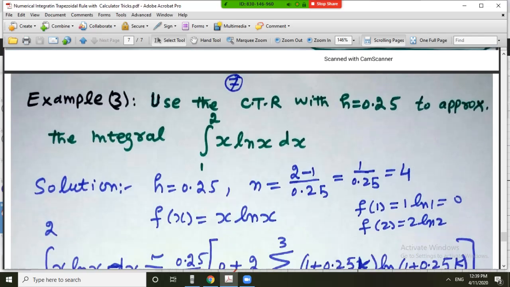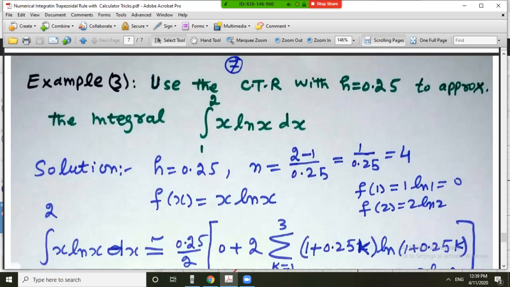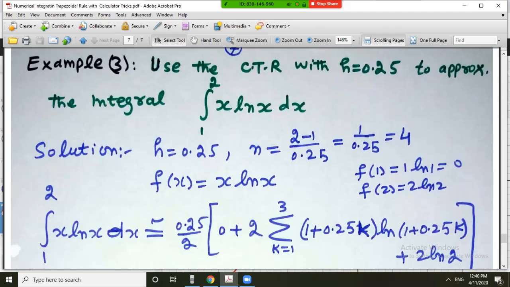Now let us solve another example. Example 3. Use the composite trapezoidal rule with h equal to 0.25 to approximate the integral of x ln x from 1 to 2. H is given here. So we have to find n, b minus a divided by h, which is 4. So n is 4.